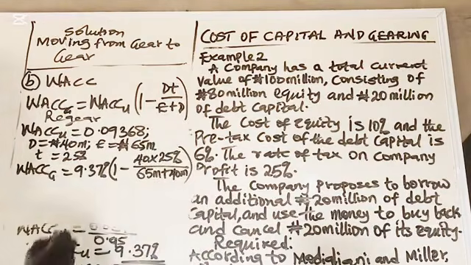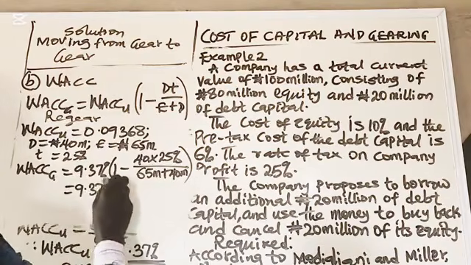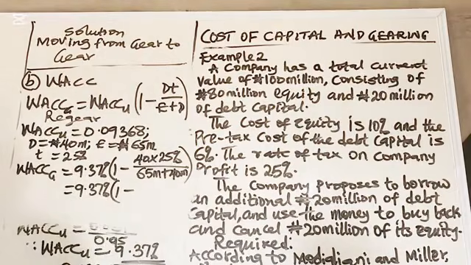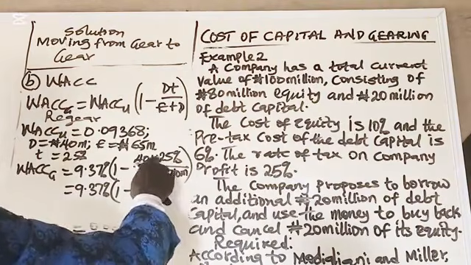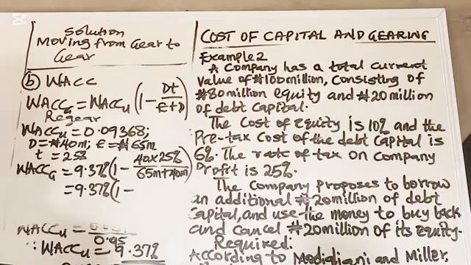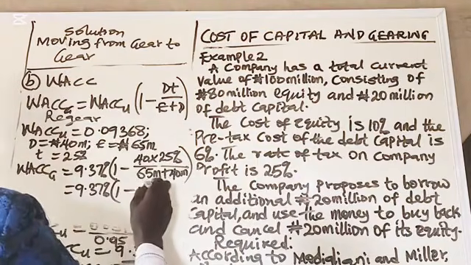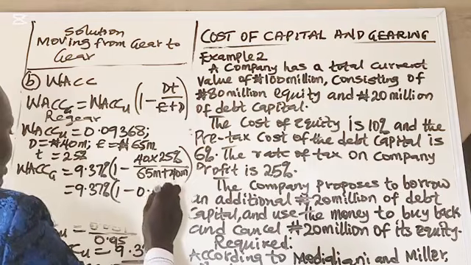So we have 9.37% into 1 minus. Let's evaluate this. 40 million times 0.25 gives us 10. The numerator is 10, and the denominator is 105.